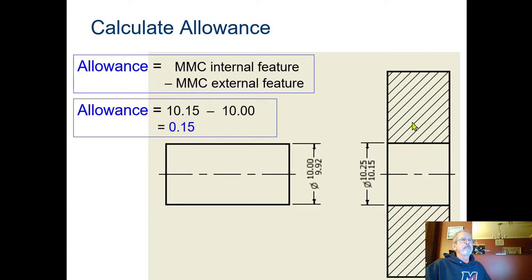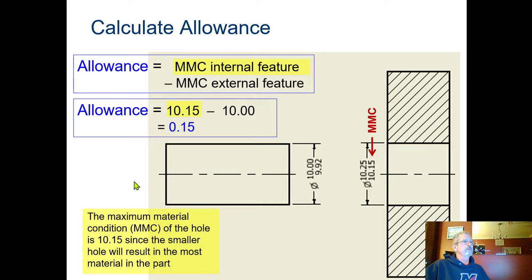It's a smaller hole, because that means you're going to have more material. Don't get fooled by taking the bigger dimension here. So we take 10.15, subtract 10, and get a positive 15. Whenever we have a positive number, what type of fit is that? A clearance fit, yes.